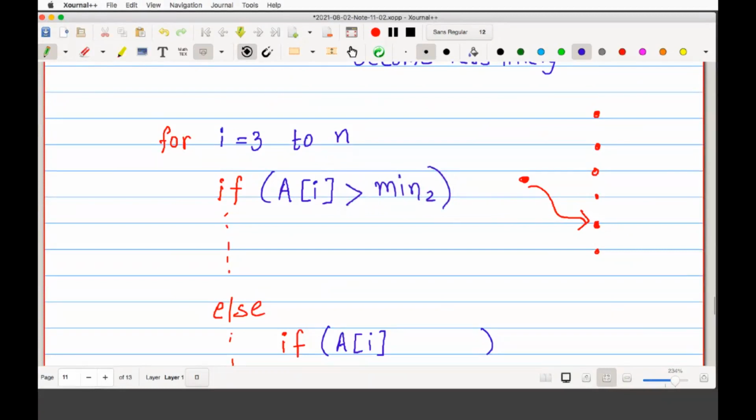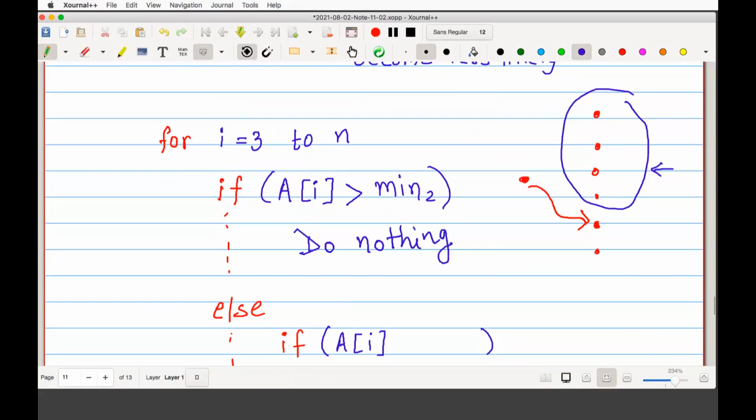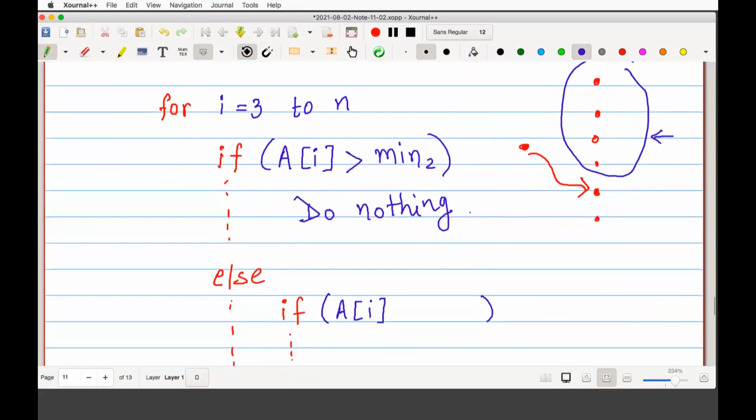If Ai is greater than min 2, that means Ai lies somewhere here, so we don't need to check it with min 1. We can ignore it, right? So that's the good case actually. If Ai is greater than min 2, then we don't need to update our min 1 and min 2, so we don't need to do anything here. That's the good case, right?